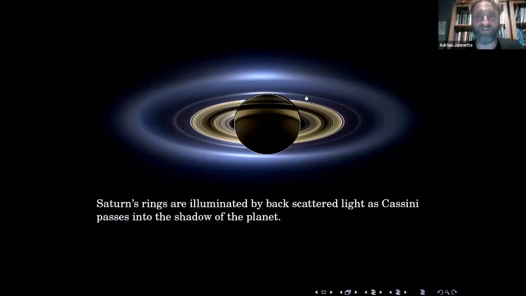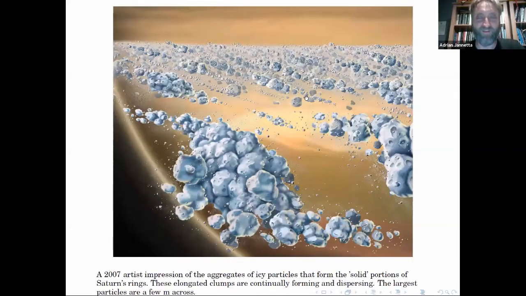The rings of Saturn are not a solid object. We've known that they can't be for at least a couple of hundred years. And this is an artist's impression. The Cassini spacecraft never got this close to the rings, but we know that the rings are built up from ice, which basically coalesces together to make slightly bigger particles.